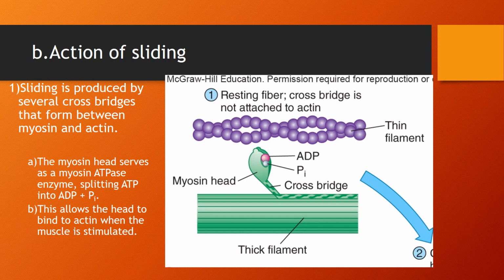The energy that is released during ATP hydrolysis is responsible for changing the angle of the myosin head into a cocked position, ready to bind to actin if the site is available. ADP and inorganic phosphate remain attached within the myosin head, and myosin is in this high energy configuration.